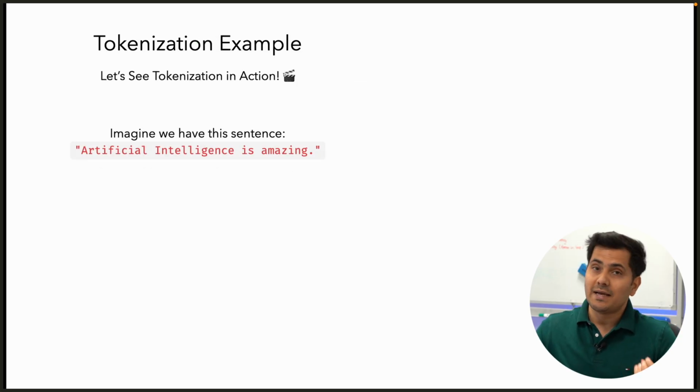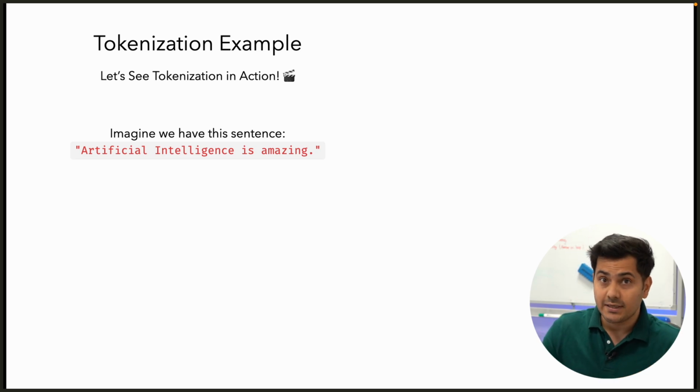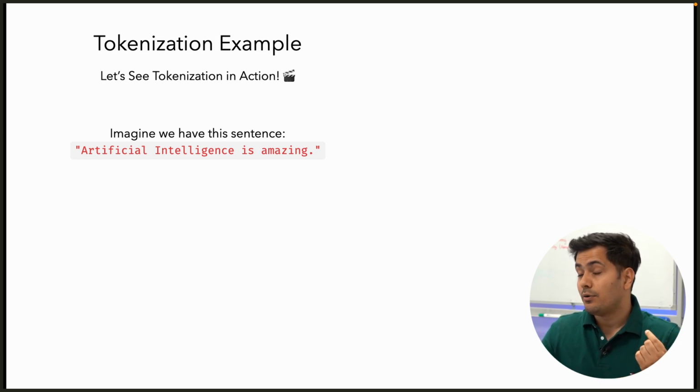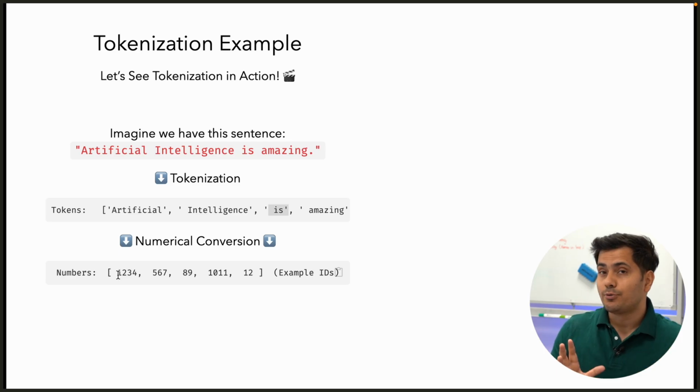Let's imagine that we have this sentence: artificial intelligence is amazing. Now an example model might tokenize it into different components of the text. So artificial, intelligence, and you can see the space is also included here and here and so on. And then finally we convert that into numbers, right?